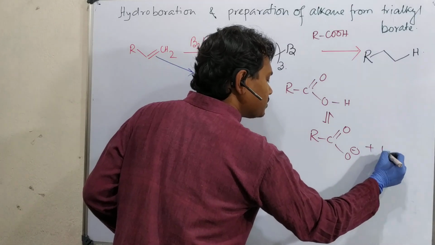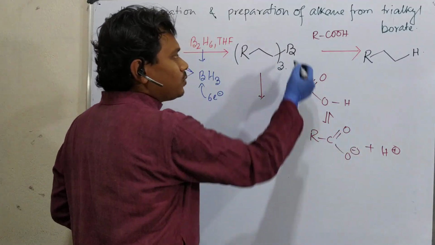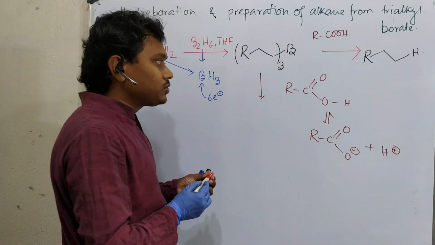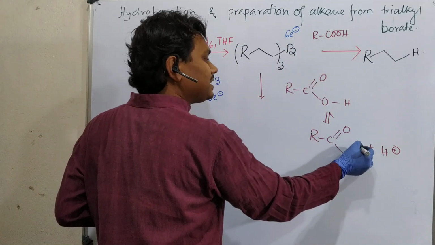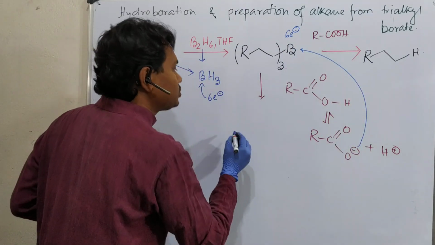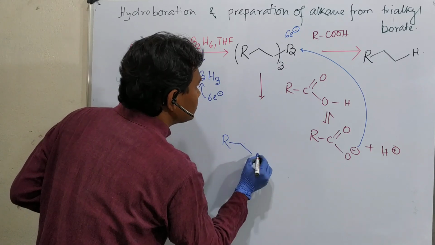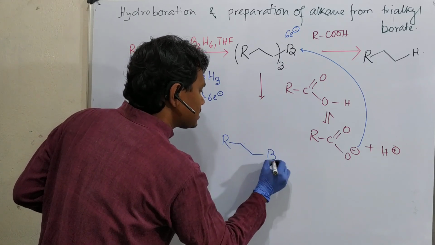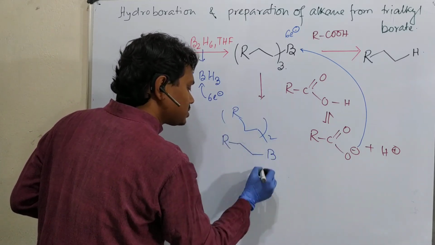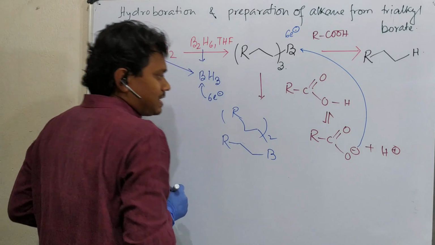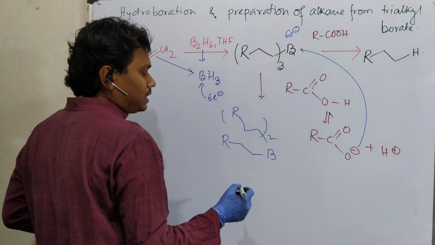If it gives a proton it produces this H+. So what happens is that this O- will coordinate to the boron. Since this boron is a 6 electron species, that is the reason that it will coordinate to this. So what will it produce? This is twice. Just focus on one. Now the question is how this will coordinate?